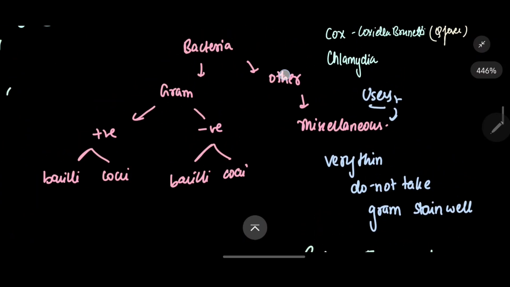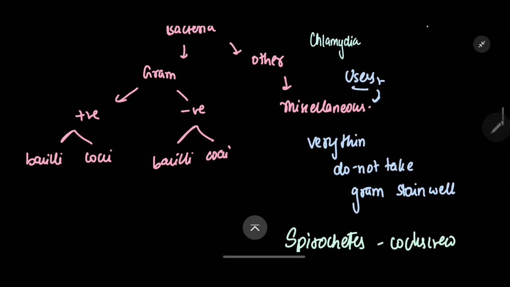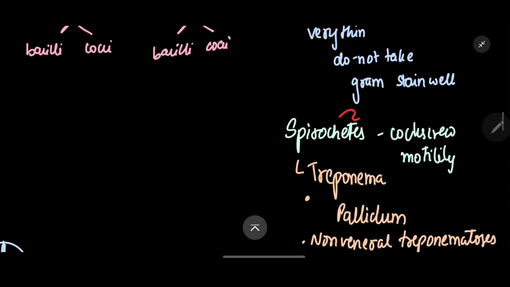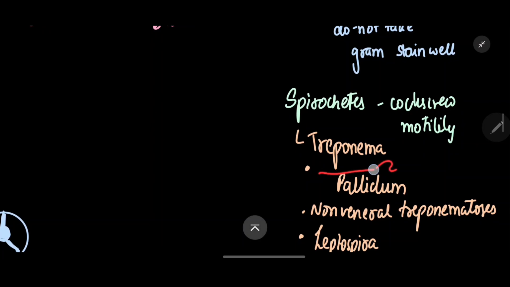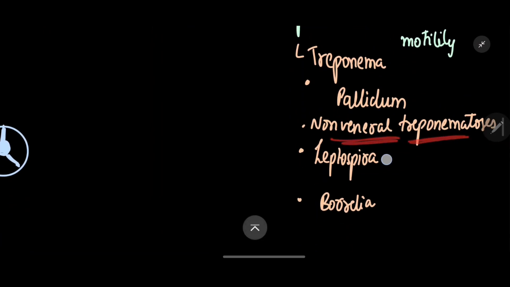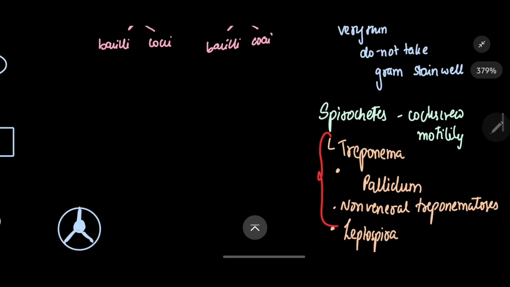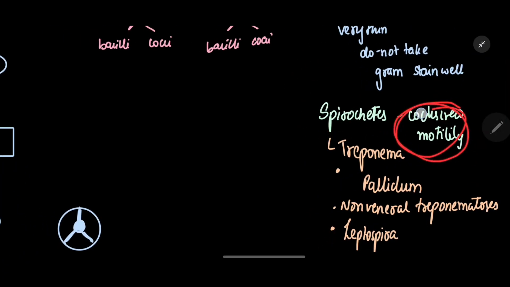These are classified as other or miscellaneous bacteria. Among these miscellaneous bacteria are our spirochetes. Spirochetes like Treponema pallidum, non-venereal treponematosis, Leptospira, and Borrelia are some examples. These have a corkscrew motility.